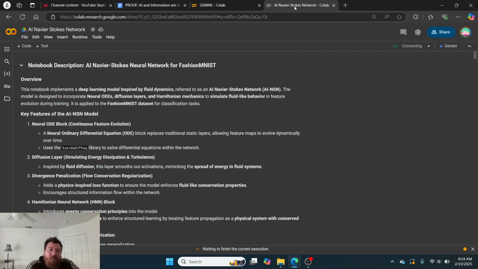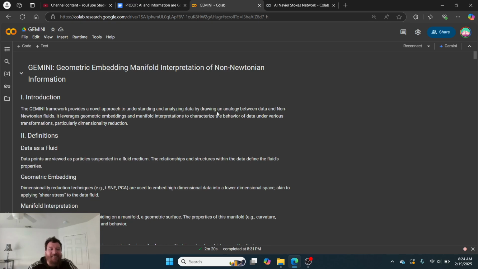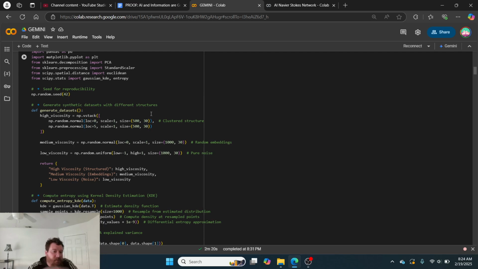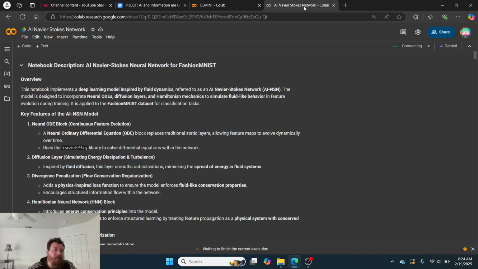The model is designed to incorporate neural ODEs, diffusion layers, and Hamiltonian mechanics to simulate fluid-like behavior and feature evolution during training. It's applied to the Fashion-MNIST dataset for classification tests. Using a real-world dataset, you can, if you want to, easily swap out these synthetic datasets for actual datasets. I've done it multiple times in other videos as well, which is why I'm comfortable using synthetic here and then Fashion-MNIST here.